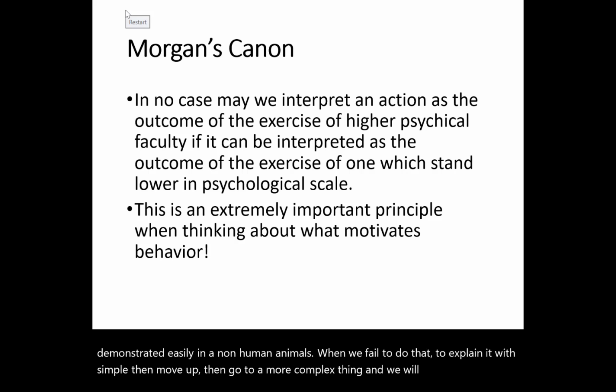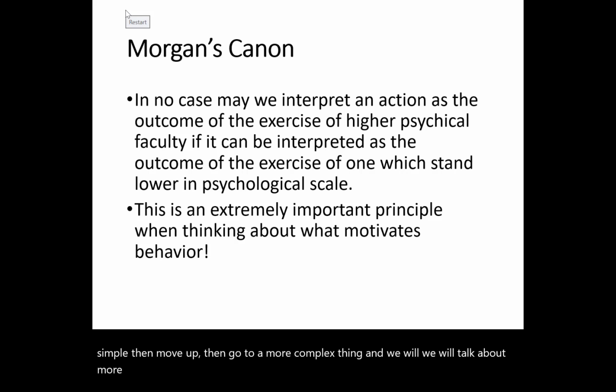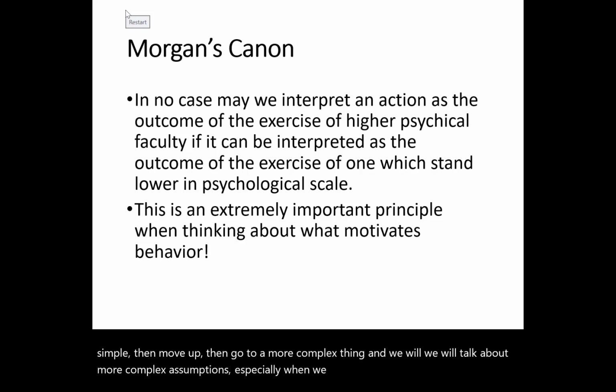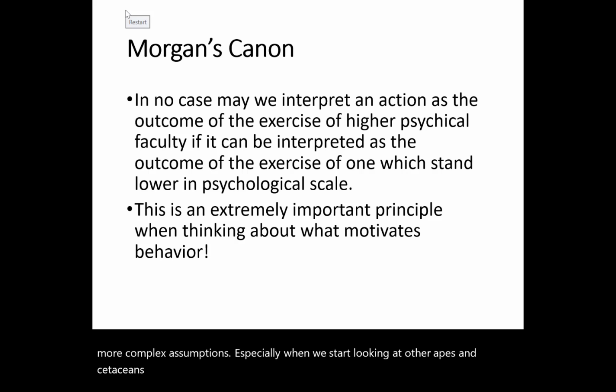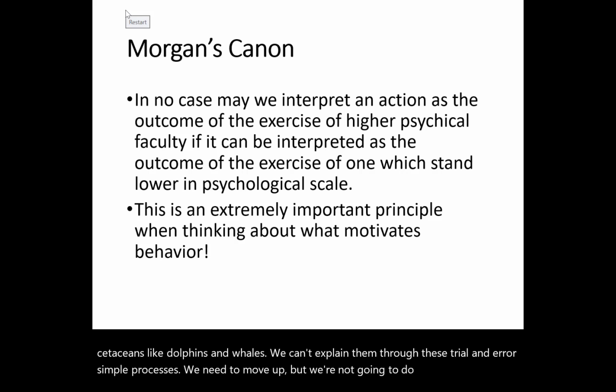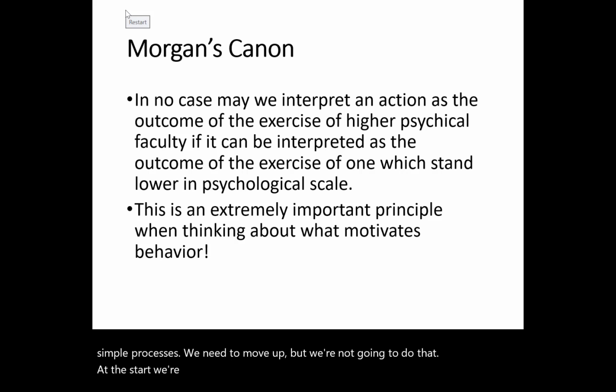We will talk about more complex assumptions, especially when we start looking at other apes and cetaceans like dolphins and whales. We can't explain them through these trial and error simple processes. We need to move up, but we're not going to do that at the start. We're going to start with the most parsimonious interpretation, following Morgan's canon interpretation of animal behavior.